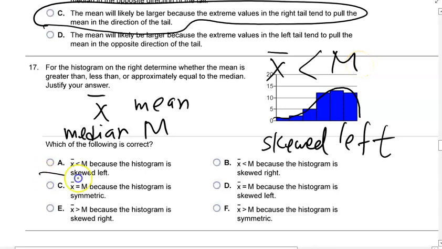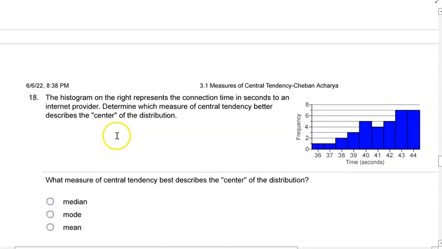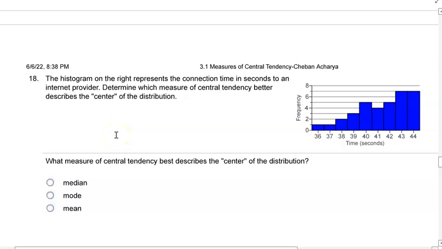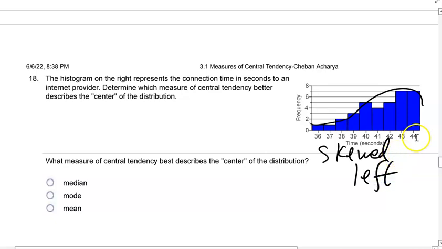The answer is going to be part A. You see that? The mean is smaller than the median, M, because the histogram is skewed to the left. This is the histogram of the data, which is skewed to the left.